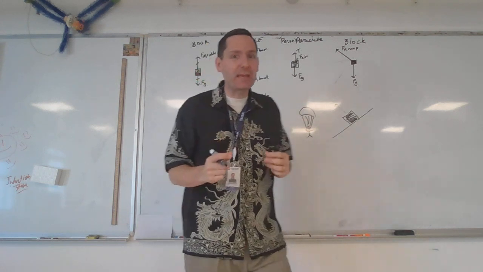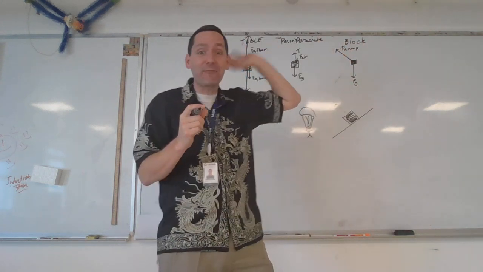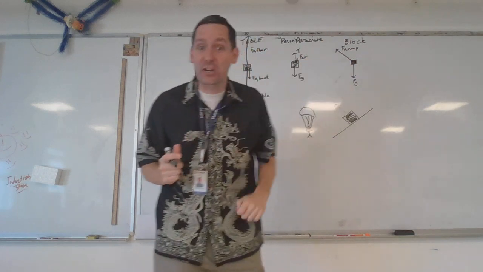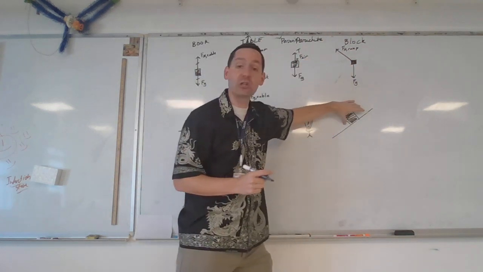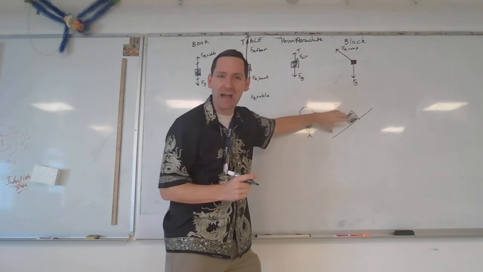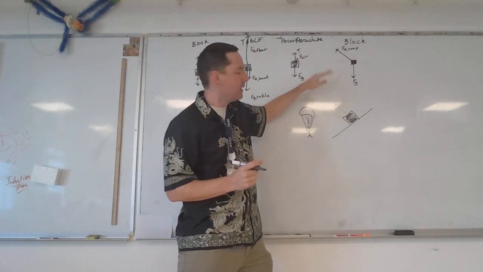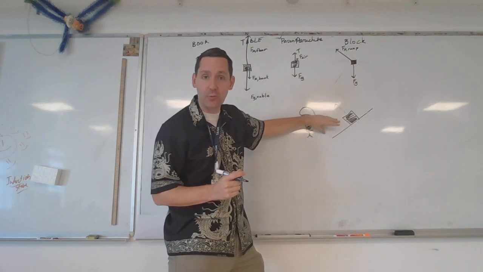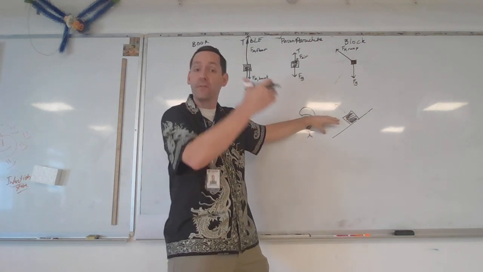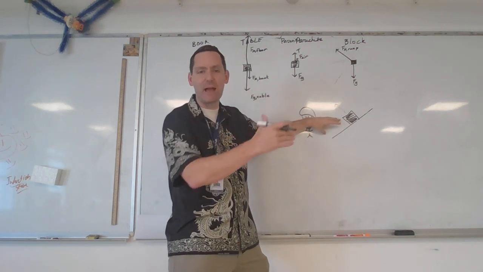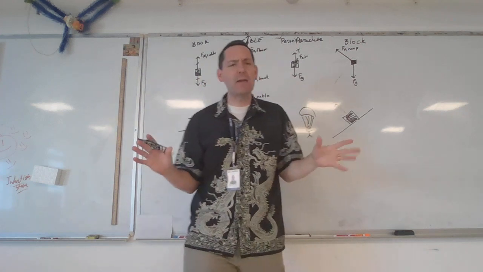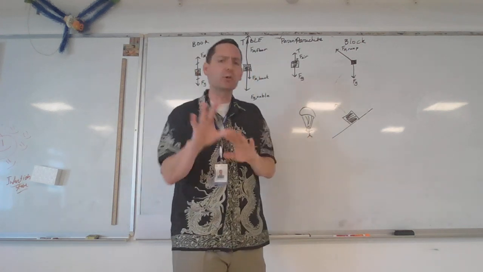Well, hopefully you're thinking, I know, it's friction. Yes, friction, right? If there was no friction, the block would slide down the ramp, right? It would move kind of in this direction in general. The fact that it's not sliding down the ramp means that there must be friction that is opposing that. And we'll spend a whole day, maybe even two, on friction later, so we'll get more details.